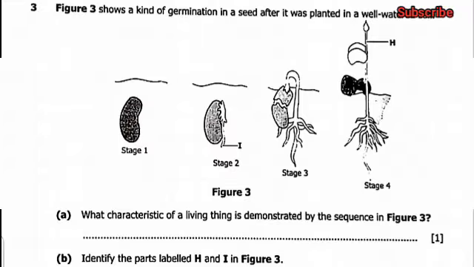But epigeal germination takes place in such seeds as bean seeds and groundnuts, because these ones have double cotyledons. They have two cotyledons, which means they are dicotyledonous seeds. So H is epicotyl, I is a radicle.